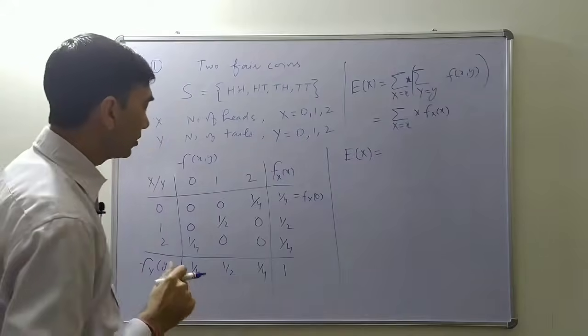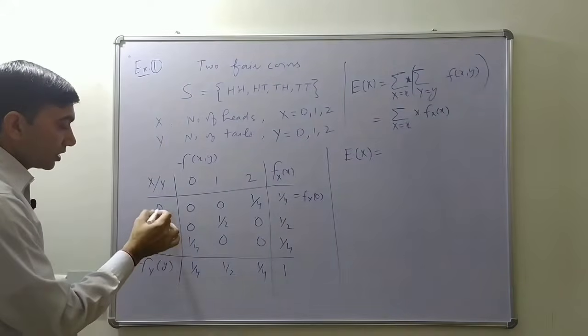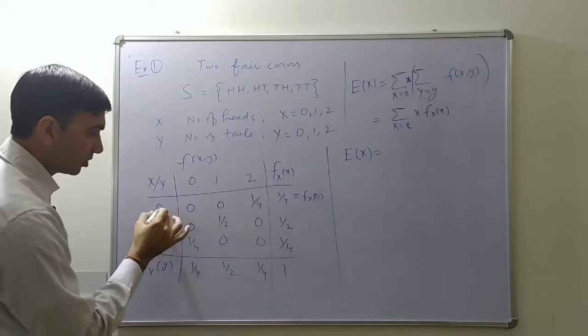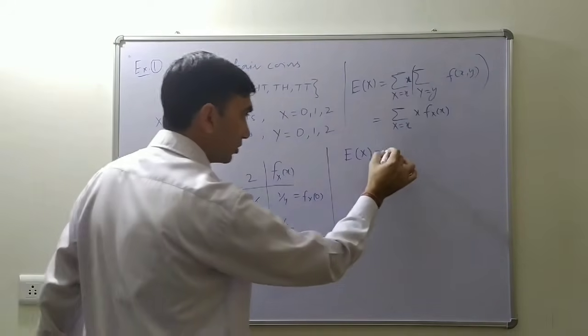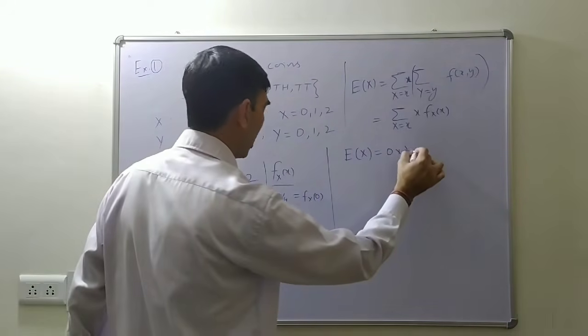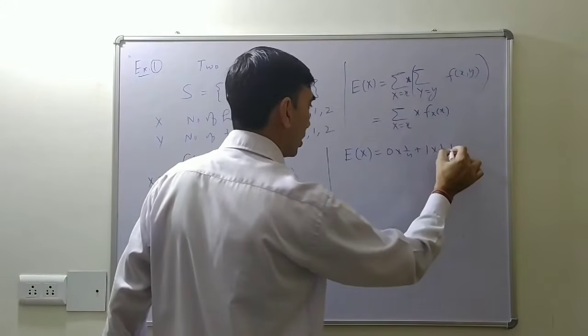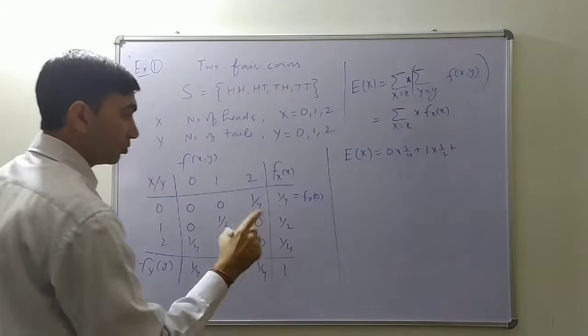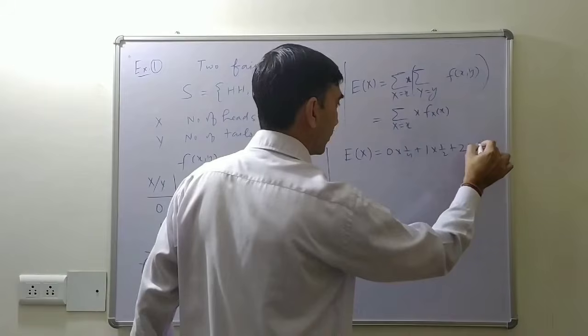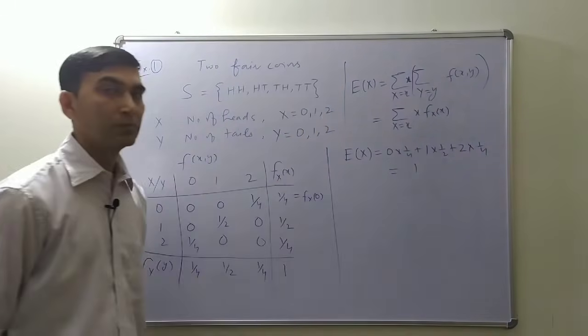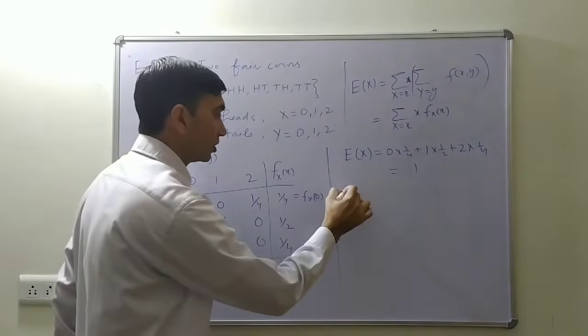Now, where are these values? See, these are x values and these are f_X values. So just multiply 0 with 1 by 4, 1 with 1 by 2, and this 2 with 1 by 4. What do we get? It's 1.